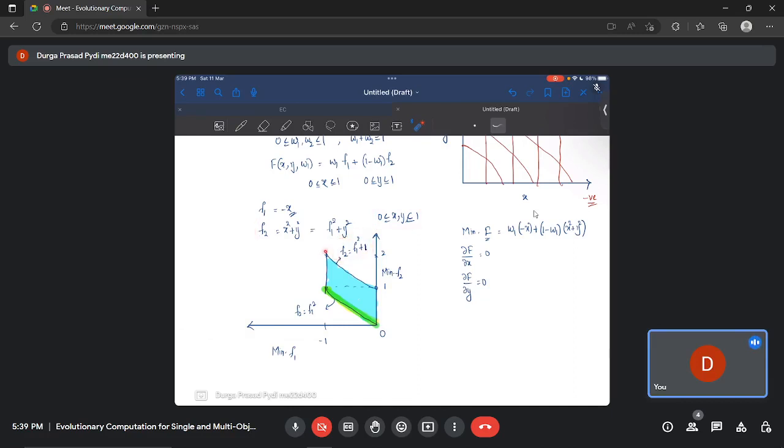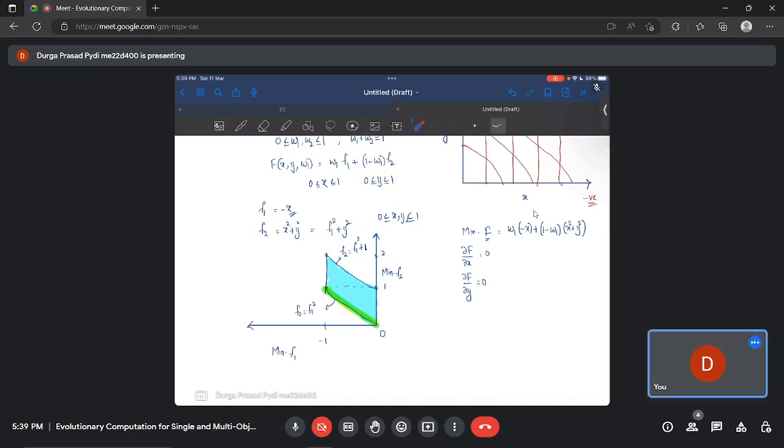So this will be the maximum outer bound. Only the highlighted region will be my search space. Okay. Clear? Yes, sir.